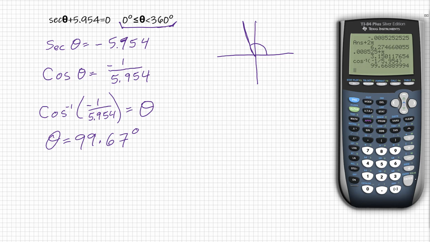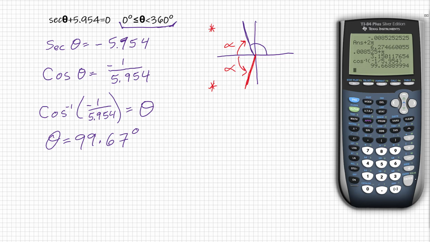But we also know it happens more than once. It happens in another angle, at another place on the unit circle. So let's look at where cosine is negative. Cosine is negative in quadrant 2 and quadrant 3. So we need an angle down here that has this same reference angle. Sometimes we call the reference angle alpha. So we need that same reference angle down here.